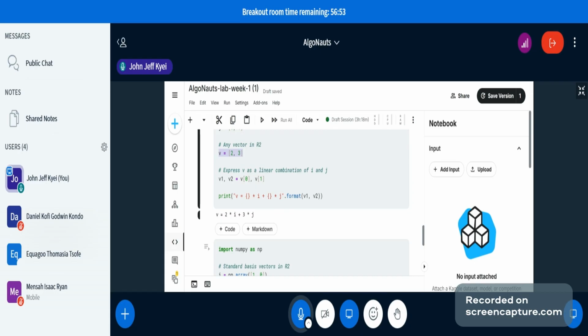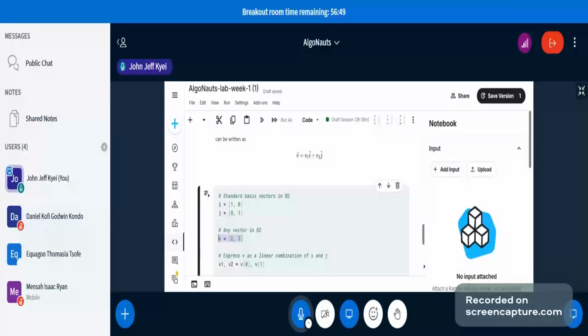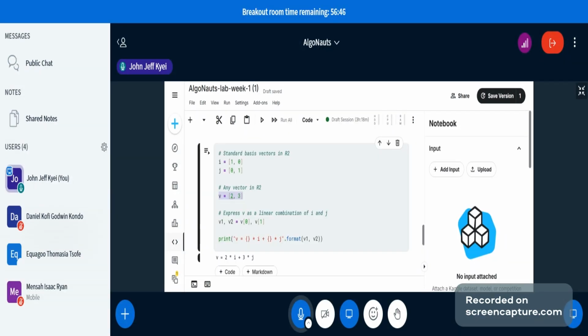In terms of this vector, 2 and 3, I'll say go 2 blocks east, then take 3 steps north. So east and north are my reference directions, and that's my basis, right? And the numbers 2 and 3 are just telling me how far I have to go in each direction. So they are sort of like my coordinates.